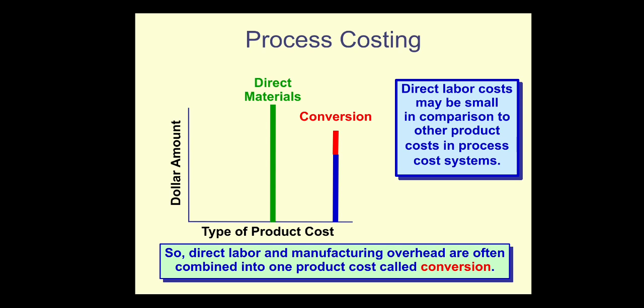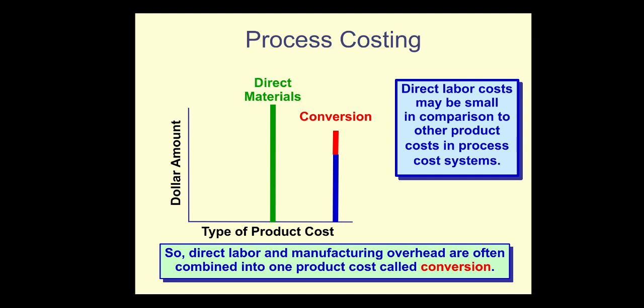In process costing, to make the calculation of cost per unit of product simpler, the direct labor cost will be combined with the manufacturing overhead cost, and direct labor cost plus overhead cost, we call them conversion cost.